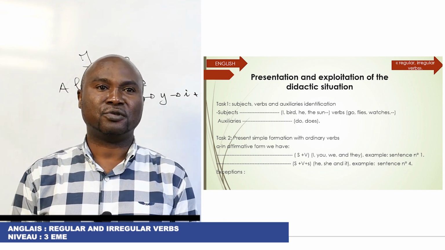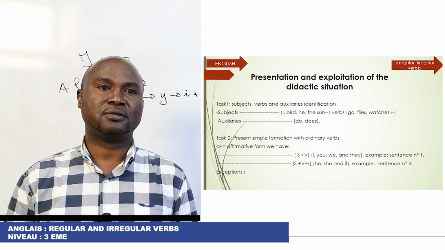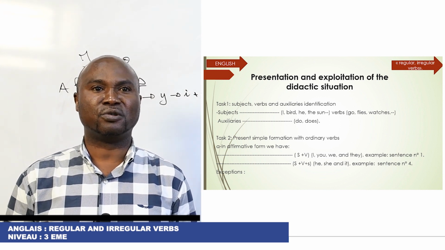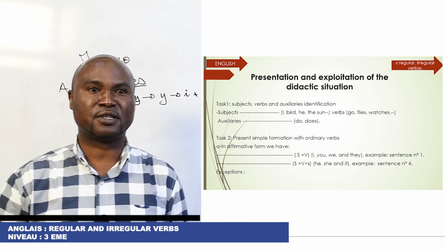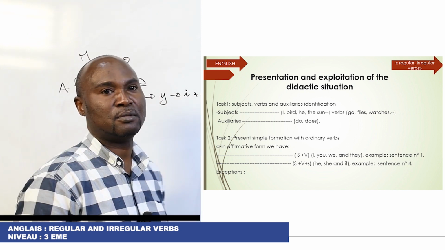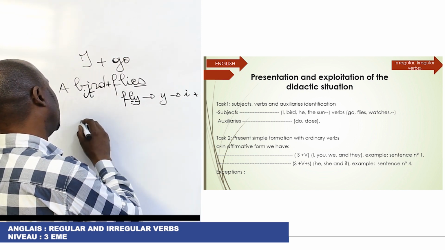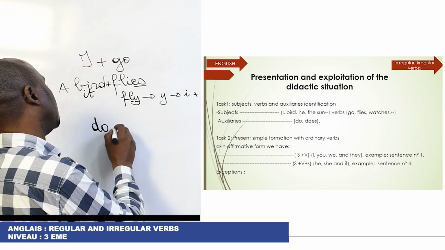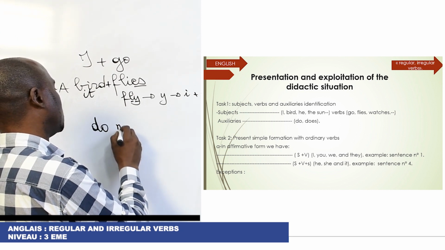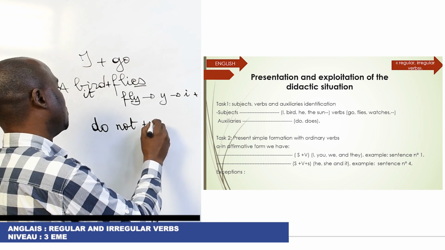Question 3. Do dogs like cats? The answer is no, dogs do not like cats. In this sentence, the subject is dogs plus do not: the auxiliary do, plus not, plus the verb.